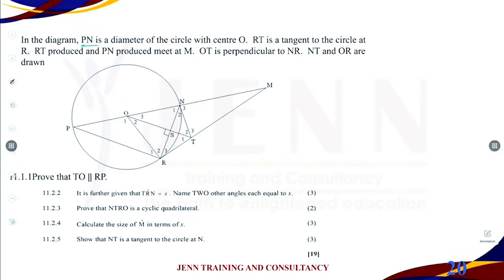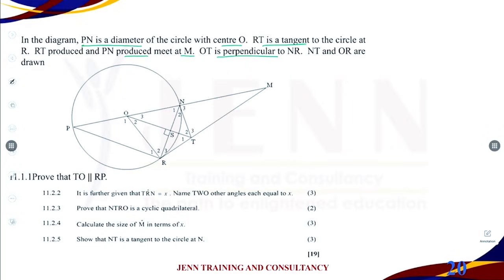PN is a diameter of the circle with center O. RT is a tangent to the circle at R. RT is produced and PN is produced to meet at M. OT is perpendicular to NR. NT and OR are drawn.